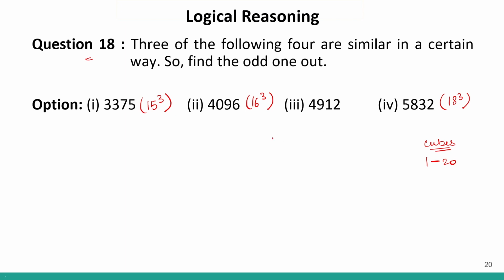And 17 cube is 4913 and not 4912. So the correct answer to this question will be option number 3, because this is not a perfect cube. 3375 is a perfect cube, this is also a perfect cube, and this is also a perfect cube. This number is not a perfect cube. Therefore this will be the answer.